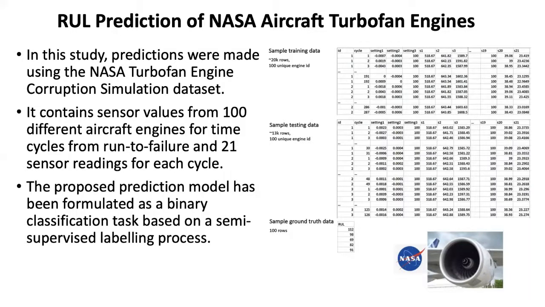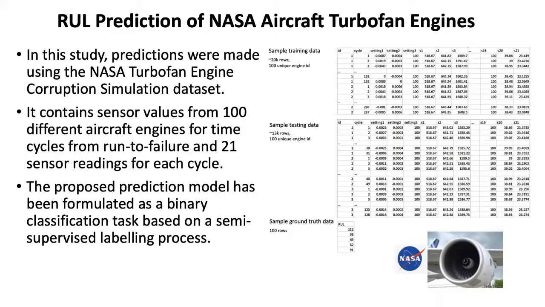It contains approximately 20,000 records, and the testing dataset contains approximately 30,000 data fields, and the ground truth data contains the correct remaining useful life of these 100 different aircraft engines for each ID.